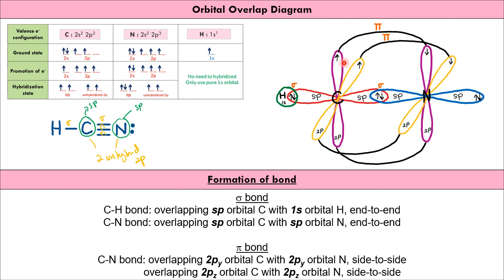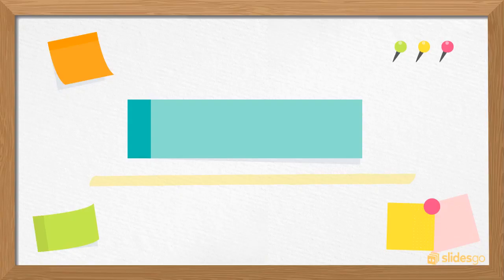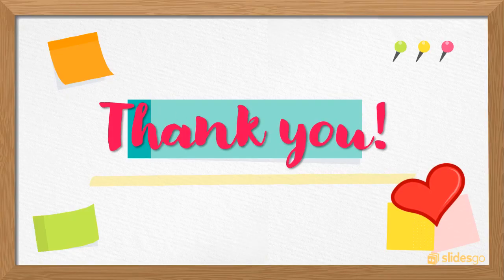First, overlapping of the 2py orbital of carbon with 2py orbital of nitrogen, side to side. And the overlapping of 2pz orbital of carbon with 2pz orbital of nitrogen. Again, side to side. Okay. So that's all for 4.3 part B2. Thank you for listening.